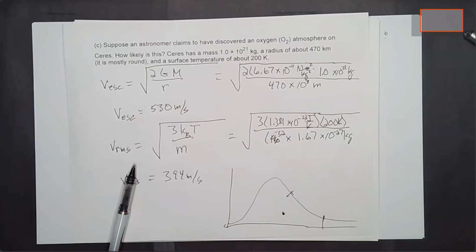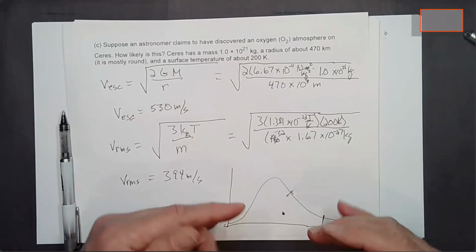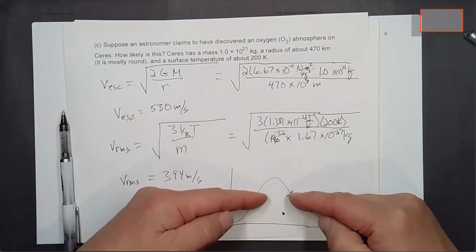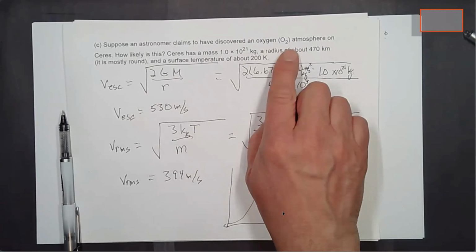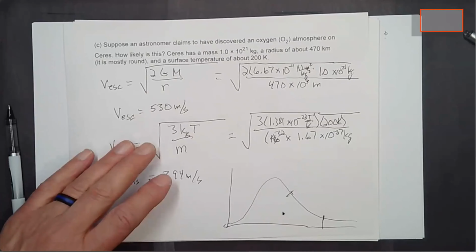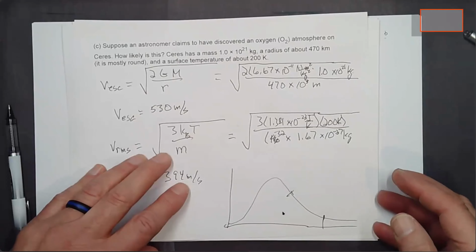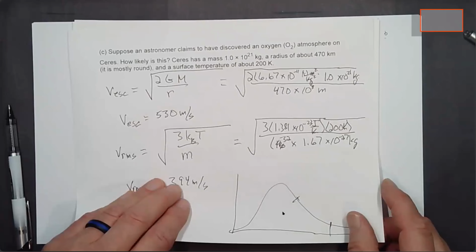And then the particles redistribute their speeds, and there's like a constant evening out of the molecular speeds. And this curve would just get flatter and flatter and flatter. And eventually, all of those O2 molecules would leave. So someone claiming to see an oxygen atmosphere on Ceres better check their data and do a little bit of reinterpretation of that because it doesn't appear to be correct.